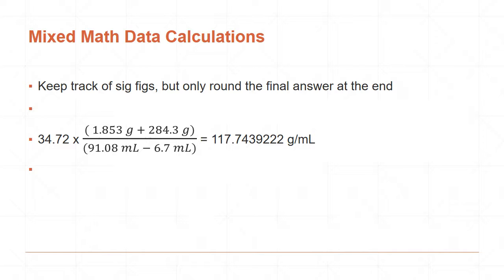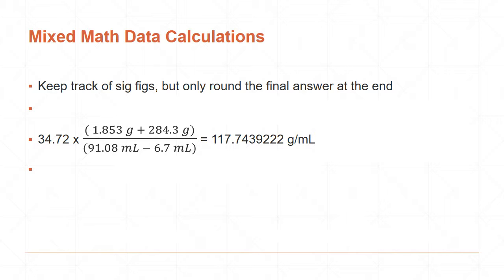Then I'll divide by, in parens, 91.08 milliliters minus 6.7 milliliters. When I do that without any rounding on the way, my calculator gives me 117.7439222. The units are grams over milliliters.